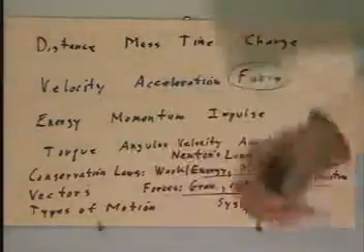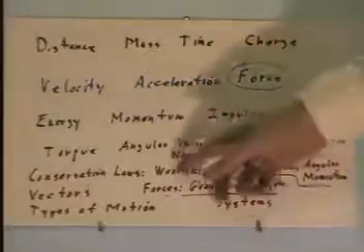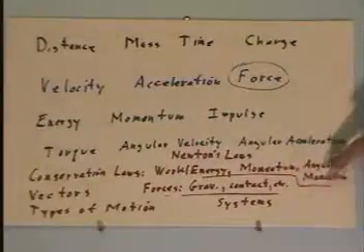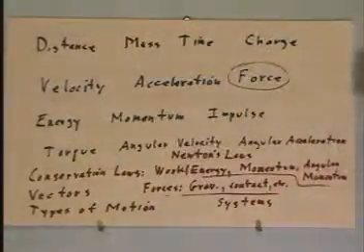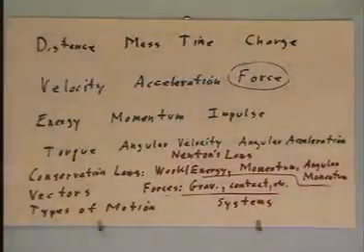The big conservation laws of mechanics: conservation of work and energy, conservation of momentum and angular momentum, and the implications of those. Those are laws that you should have studied at great length.